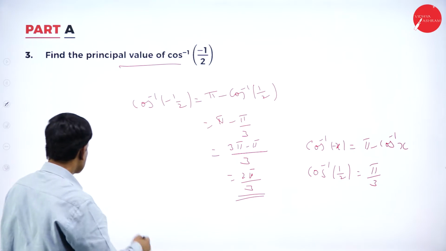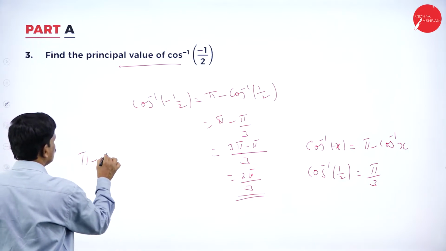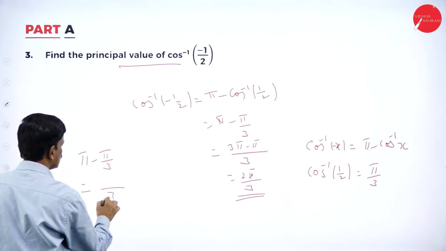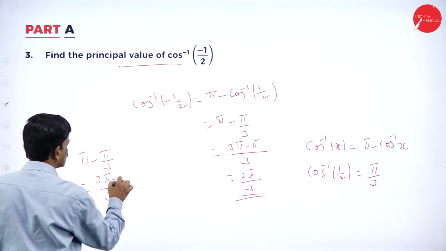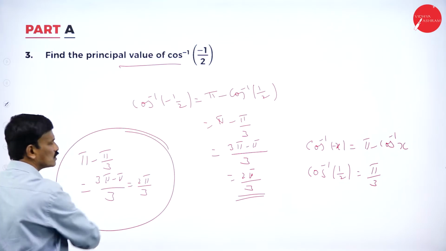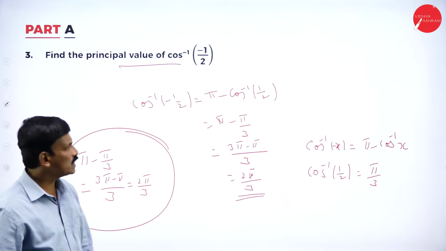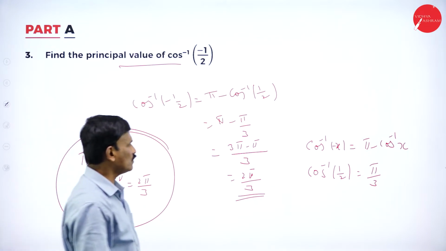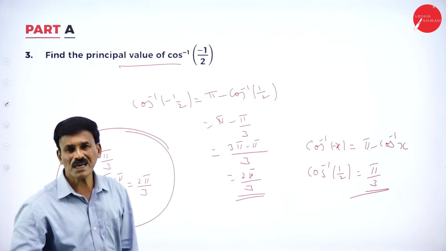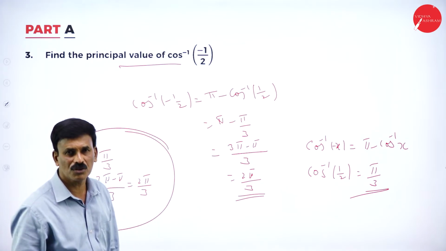Whenever cos is negative, we subtract that particular angle from pi. This is the procedure, right? So if it is cos inverse 1 by 2, straight away you can write the principal value as pi by 3. If it is negative, pi minus pi by 3, that's it, okay?